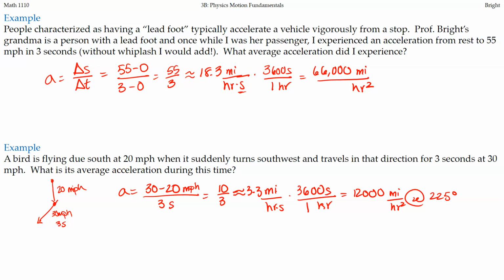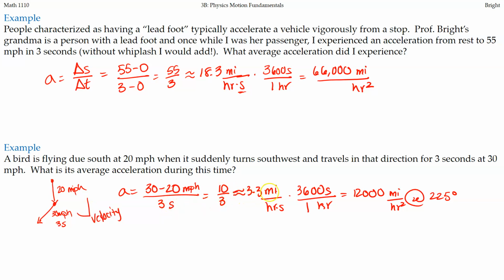The next one is a little nuanced. If you draw a little diagram, you have a bird flying 20 miles per hour due south, and then suddenly it turns and goes southwest, and it accelerates up to 30, so the difference is 10 in its speed or velocity. These are velocities because we have direction, and it takes 3 seconds.